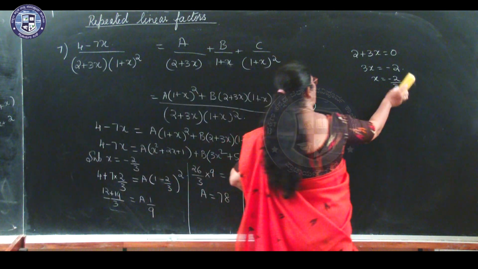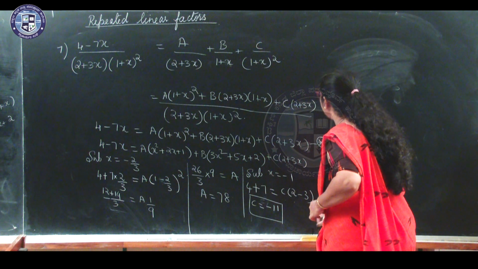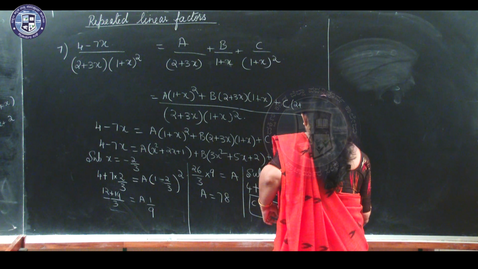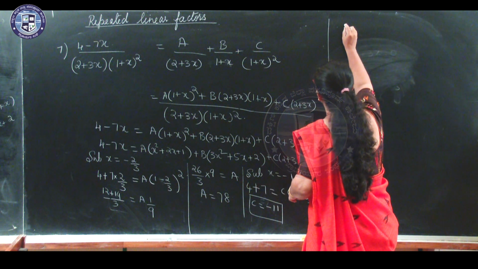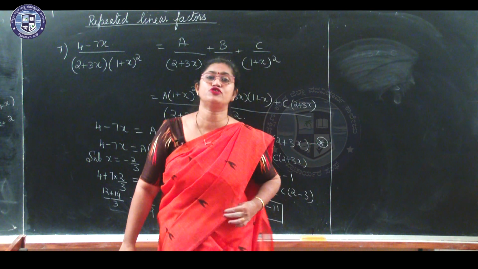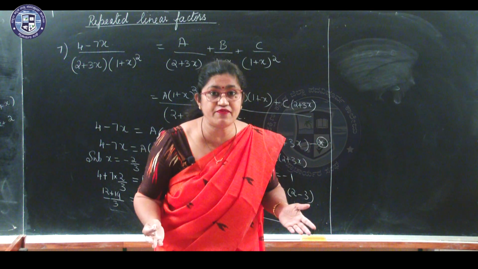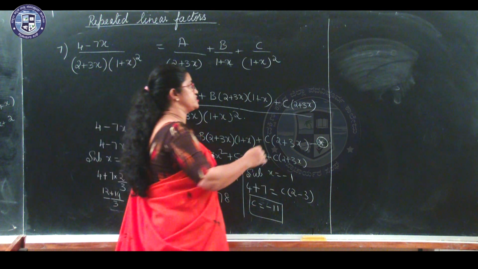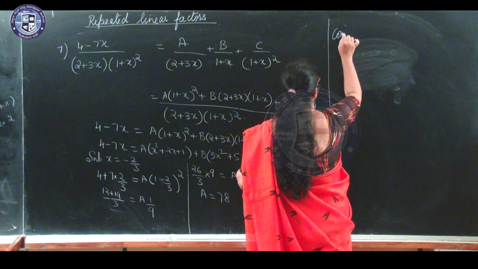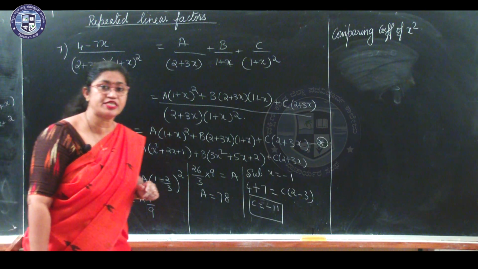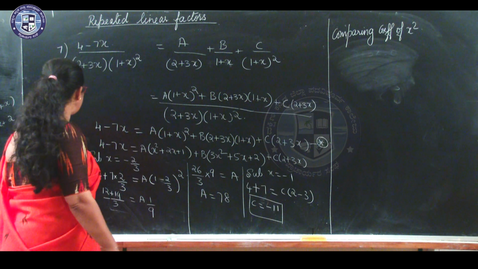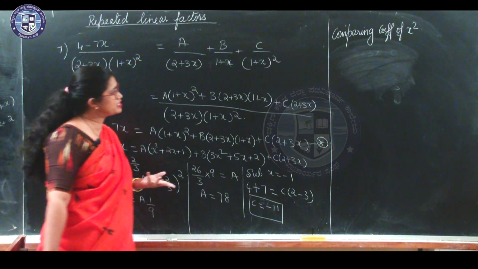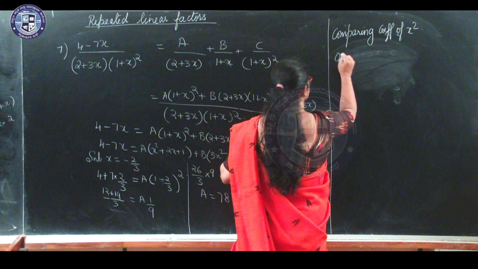To get the value of B, I do not have any value of x to substitute, so I go for comparing the coefficients. Comparing coefficients of x square: look at the left hand side, there is no x square term, so it becomes 0.